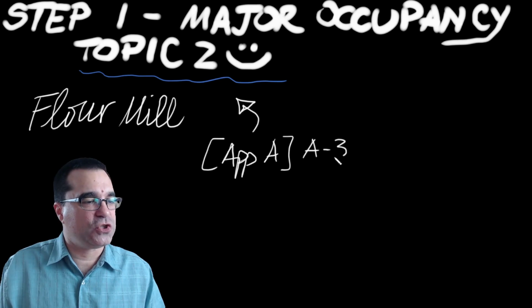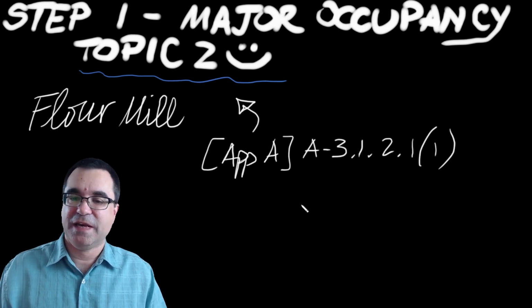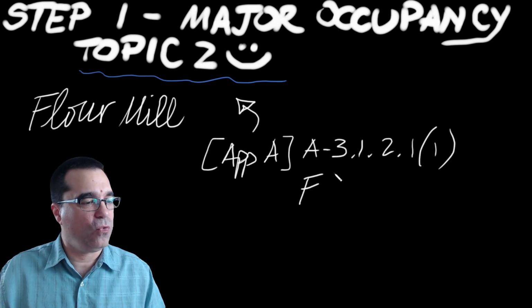A-3.1.2.11. And what we find from there is that flour mill falls under the category of F1.